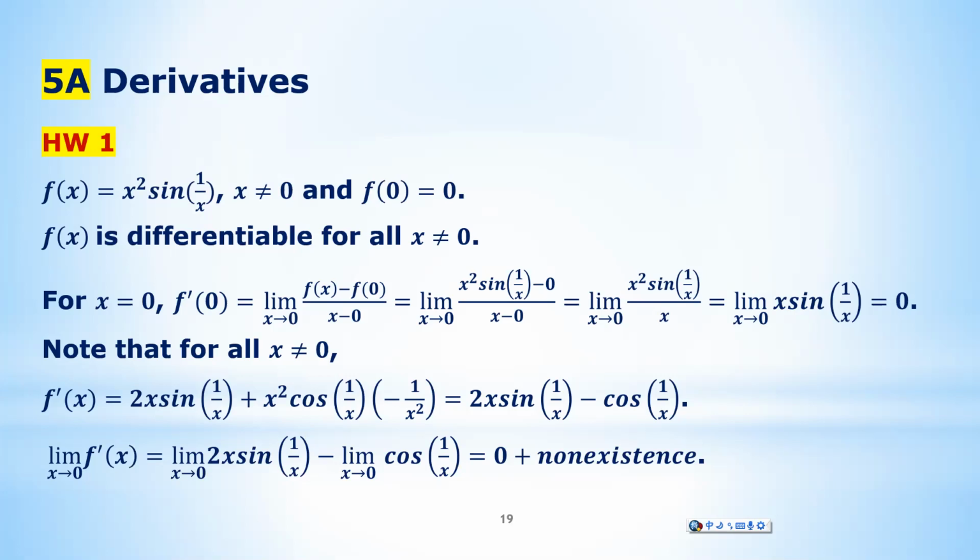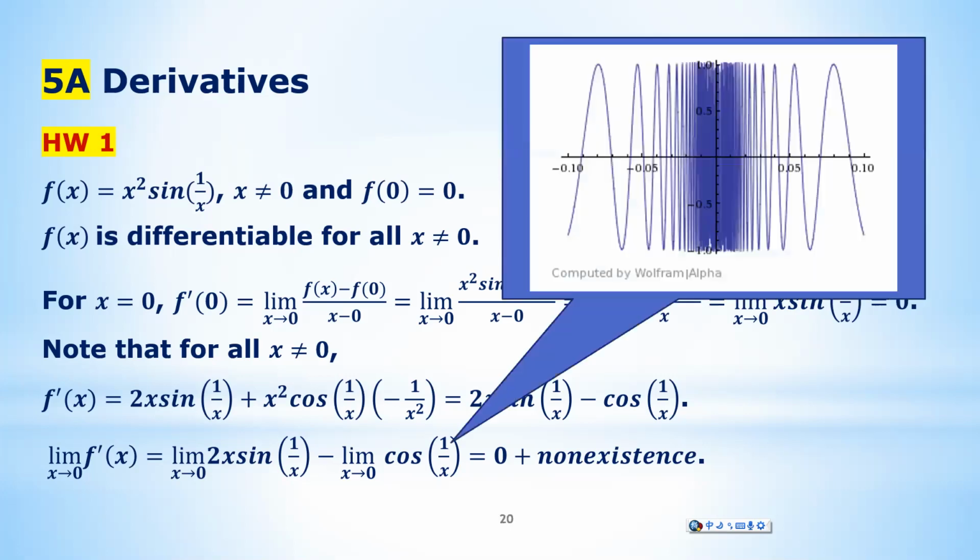This is because cosine 1/x is not continuous at 0. You can see the picture: cosine 1/x, just like sine 1/x, is highly oscillating near 0. When x goes to 0, this does not go to 0 at all. So that's the whole of problem number 1.